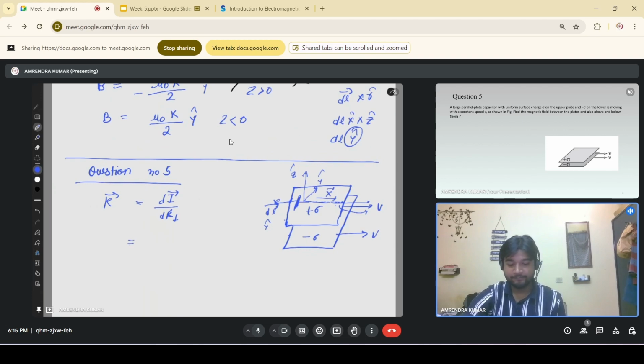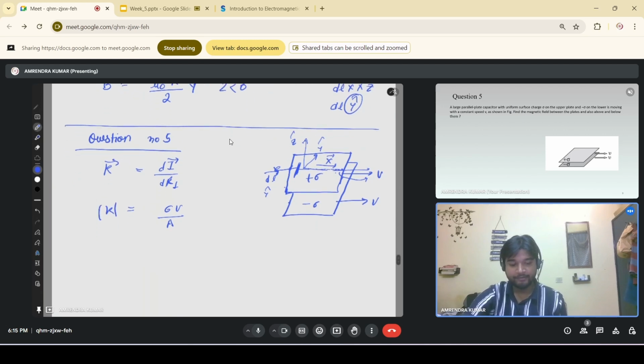The current itself is given by sigma v dl perpendicular, because it's an infinite plane, a large plate capacitor. So let's say it's of area A for the time being, then the current density will be like this. This is the magnitude.